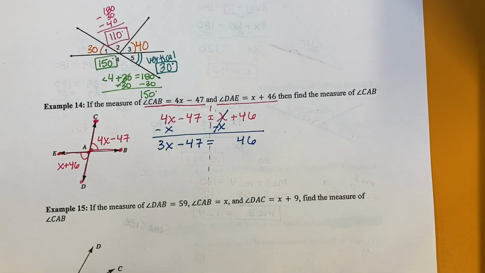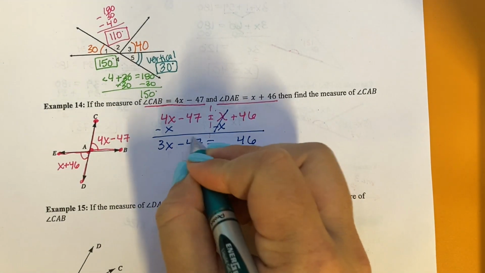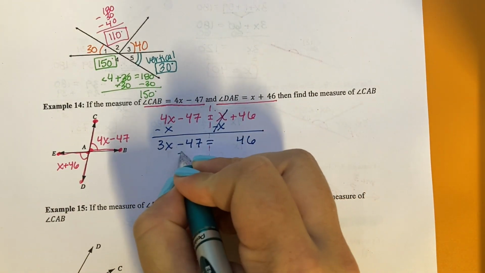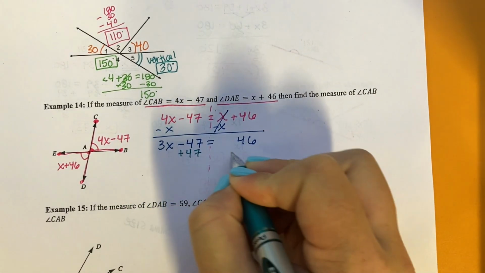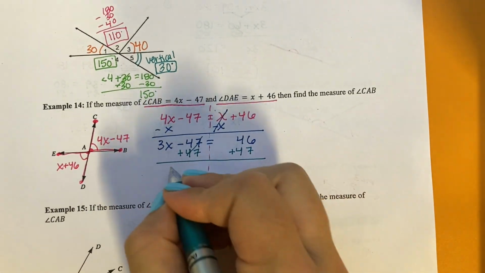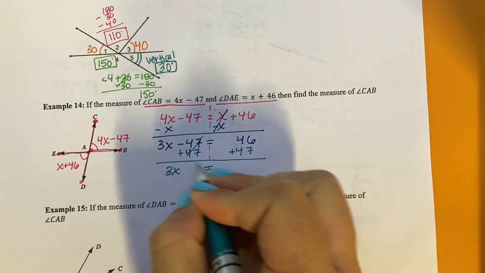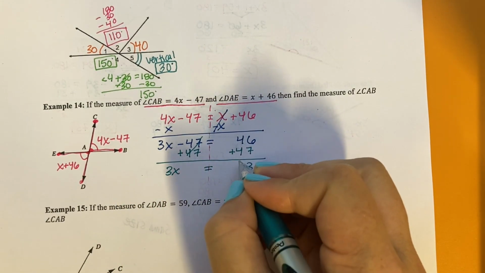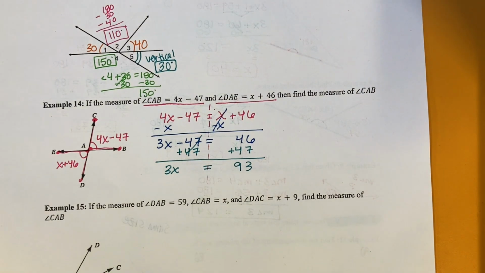I then want this 47 with the 46, but it's separated by the equal sign. So I have to change the sign. Add 47, add 47. 3x is now alone, and it will equal 93.